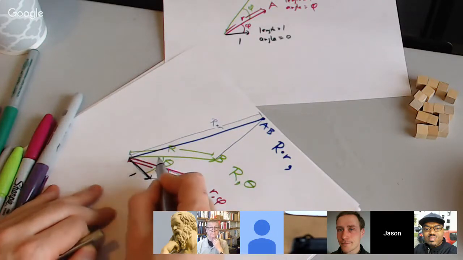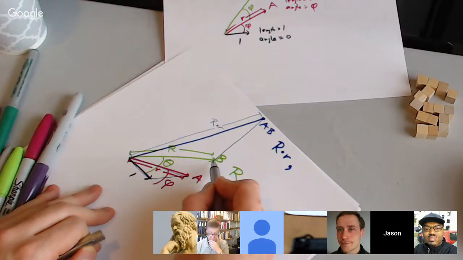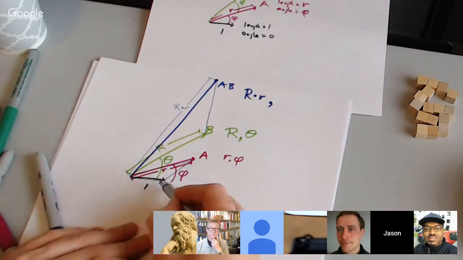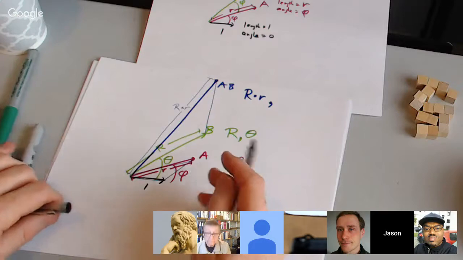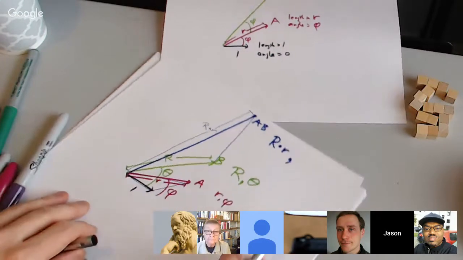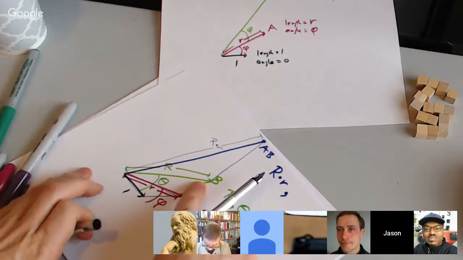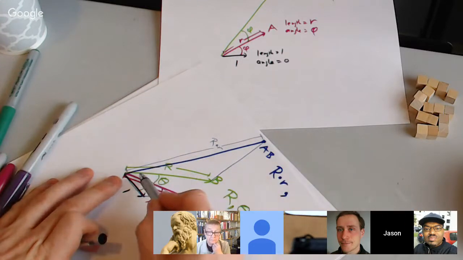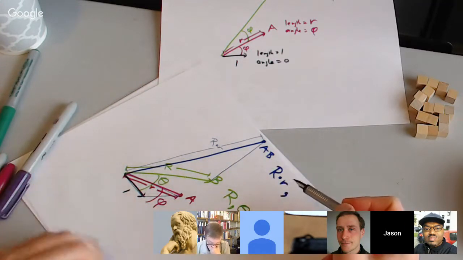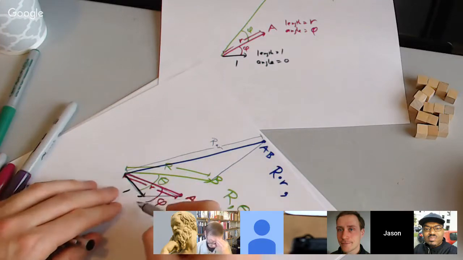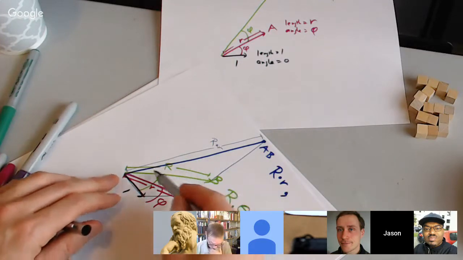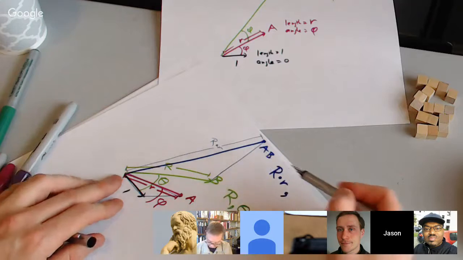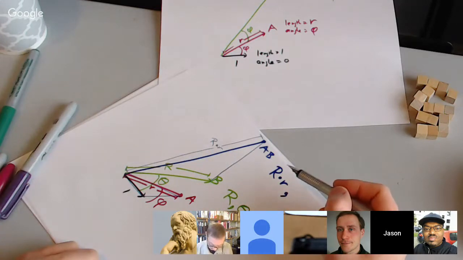Here the length is big R. So just like 1 got lengthened to r, maybe it got doubled, well, big R will get lengthened to big R times little r. So this line would also get doubled. If going from 1 to A was a doubling of length, then B to the product would also be a doubling of length.